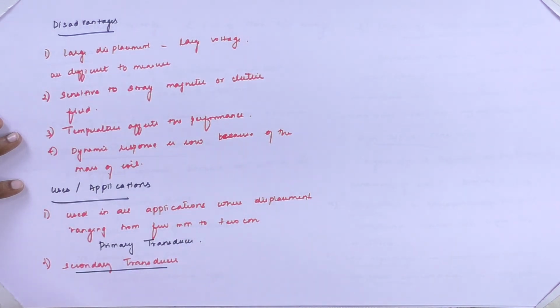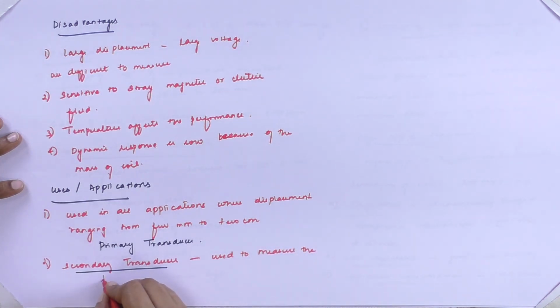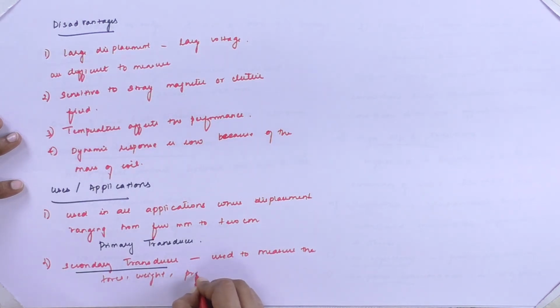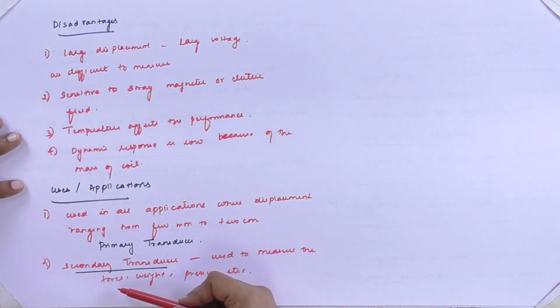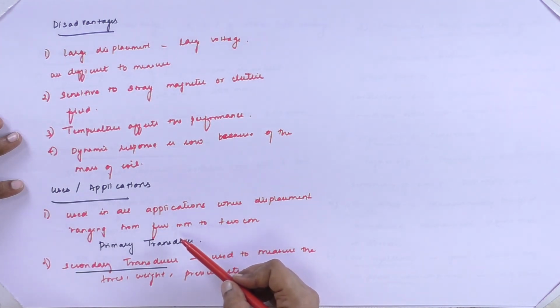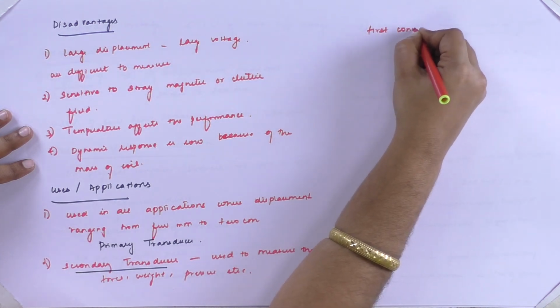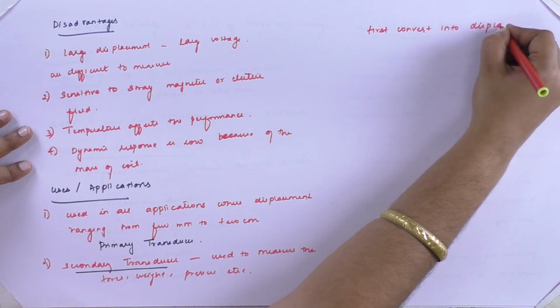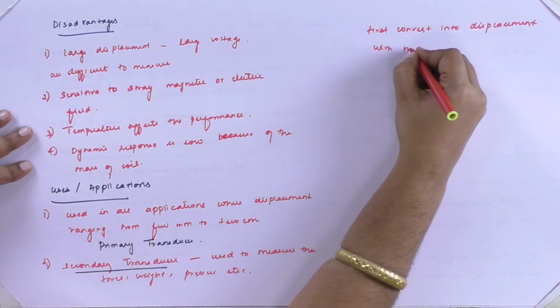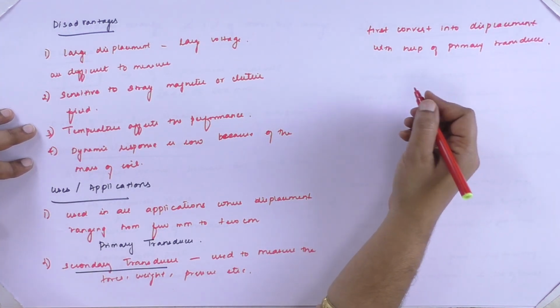Secondary transducers are used to measure force, weight, pressure, etc. First, we have to convert these quantities like force, weight and pressure into displacement by using the primary transducer.